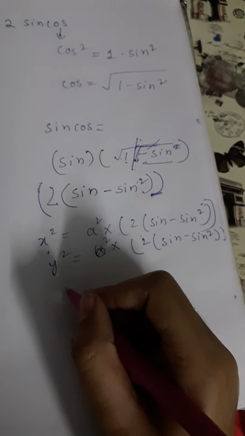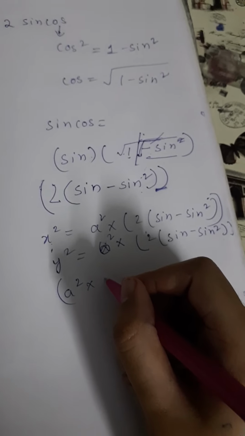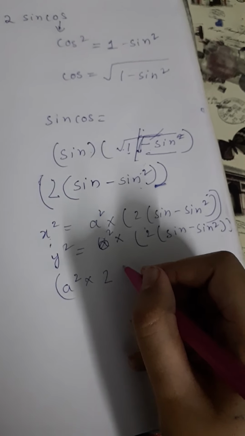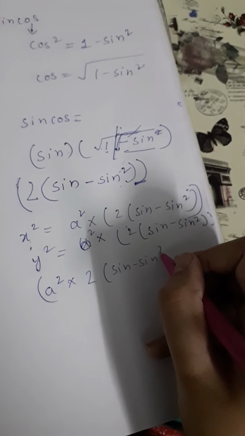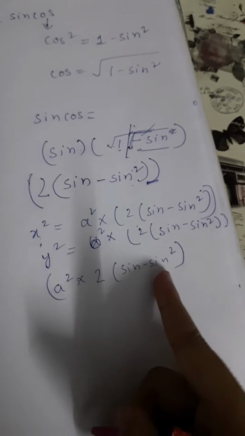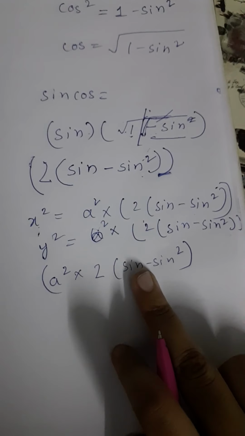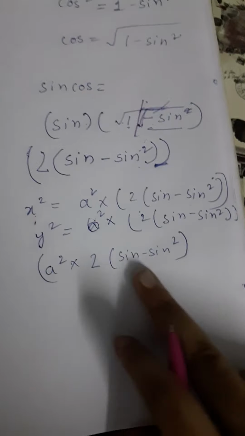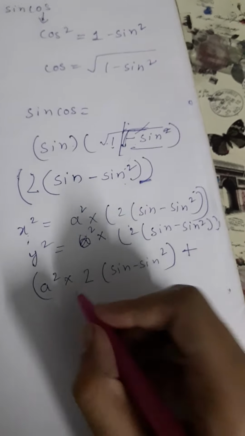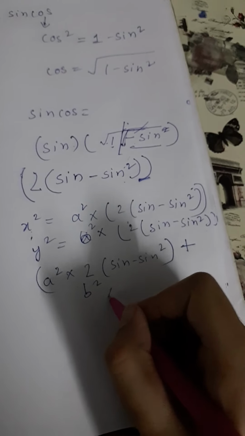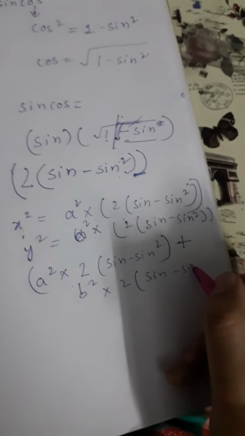Now we are going to add these things. a squared into (2 sine minus sine squared). Hope you got this. And now you add this with b squared into (2 sine minus sine squared).